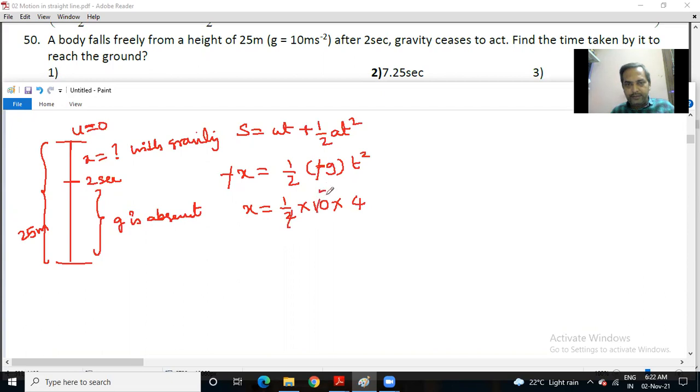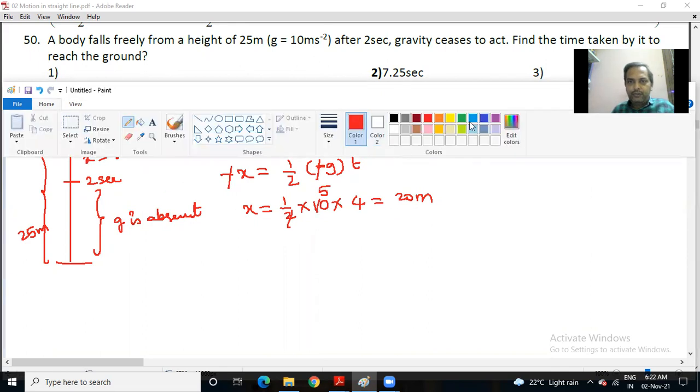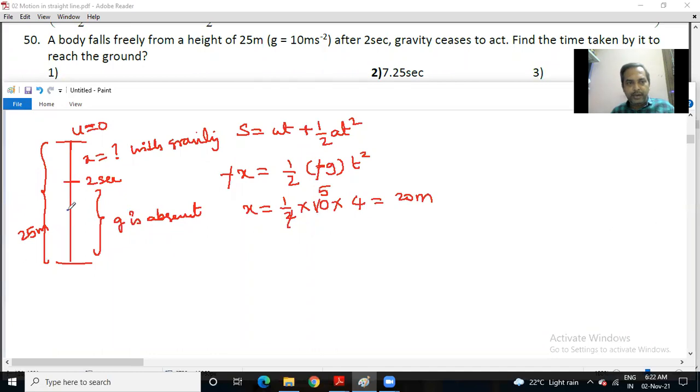So this is 5 times 4, 20 meters. So with gravity, it travels a distance of 20 meters within 2 seconds.